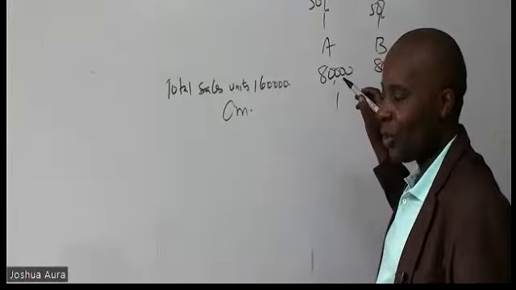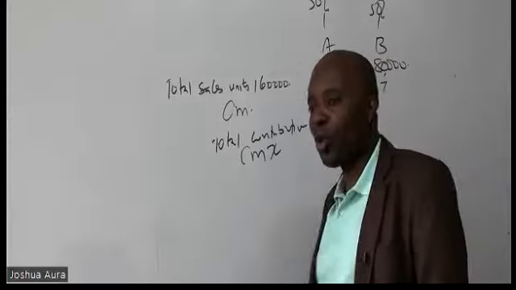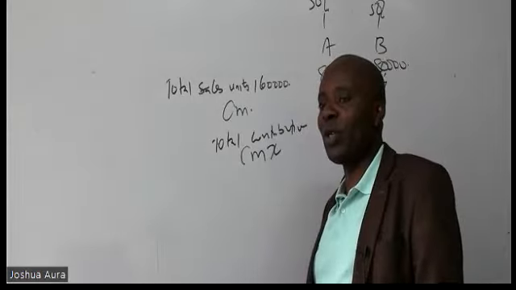Right? So could you kindly give me the total contribution? Total contribution is CM times number of units. You are taking the contribution margin times number of units. So this one comes to 80,000. How about this and this? Can somebody give me this times this? 80,000 times 7 gives me 500 and who?